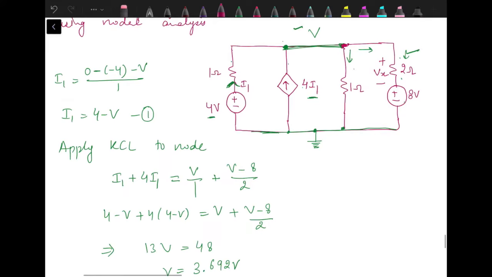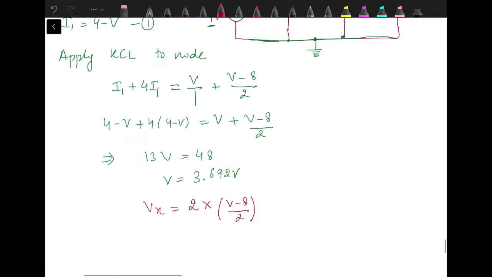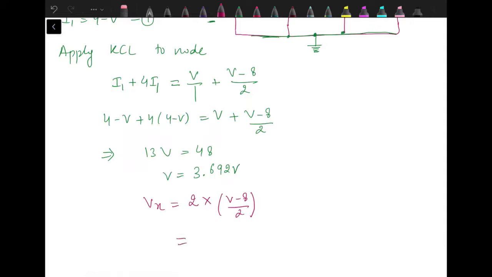So V minus 8 by 2 is basically the current in this branch, and that is multiplied by 2. So when we substitute the value of V, this one is minus 4.31 volts. So the application of nodal analysis was to find out the node voltage, and after that you can find out the value of Vx by any comfortable method which you want to apply.